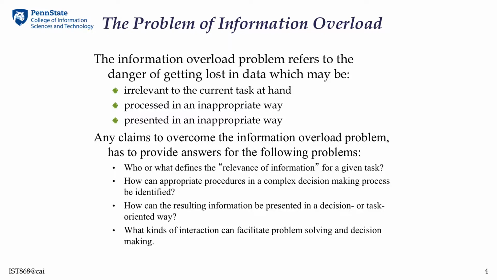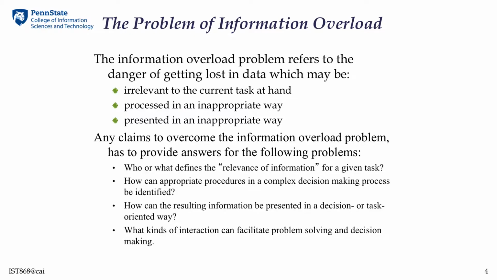And the third aspect is the way the information is presented, which has been a huge problem because humans require certain contextual knowledge in order to pick up the meaning of the data in their particular task. So in that sense, all three conditions have been a bottleneck to the usage of information.